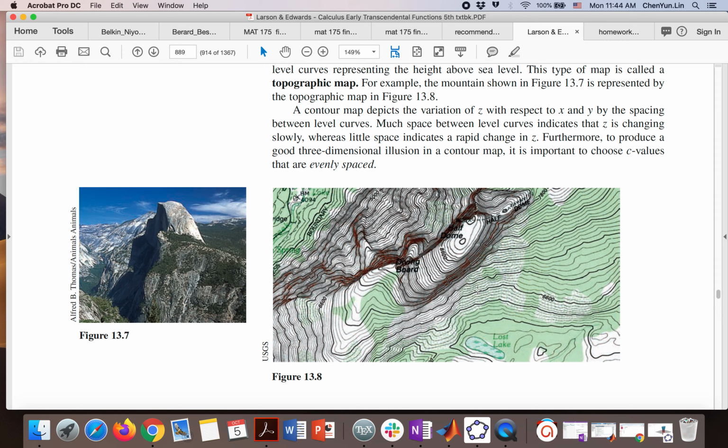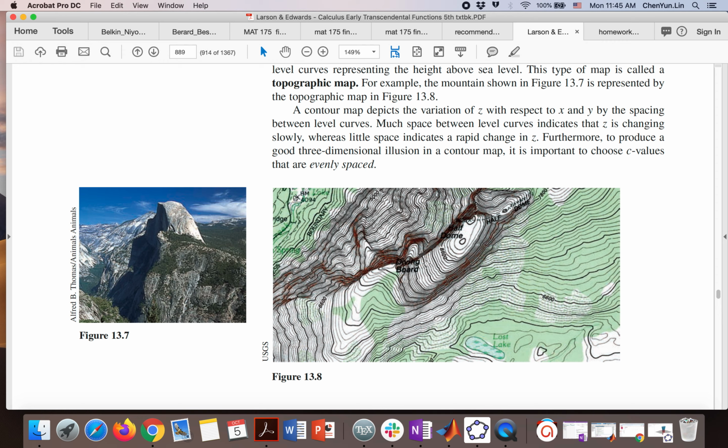You can see that 6600 is along this curve, like I'm tracing it, and then it goes higher and higher, and up here it's 7800 feet, I believe.